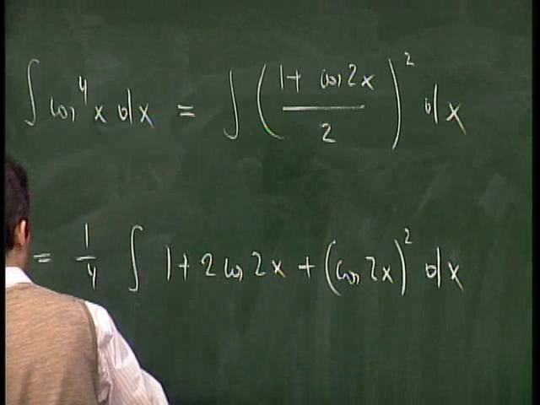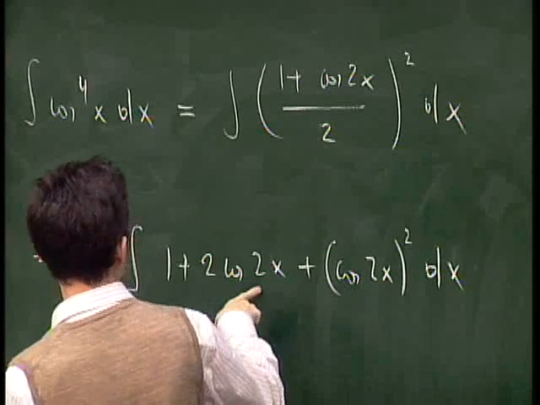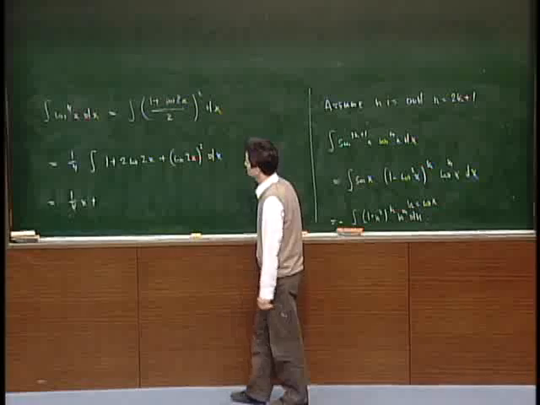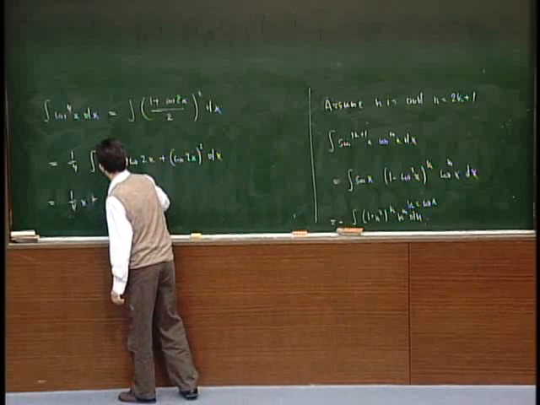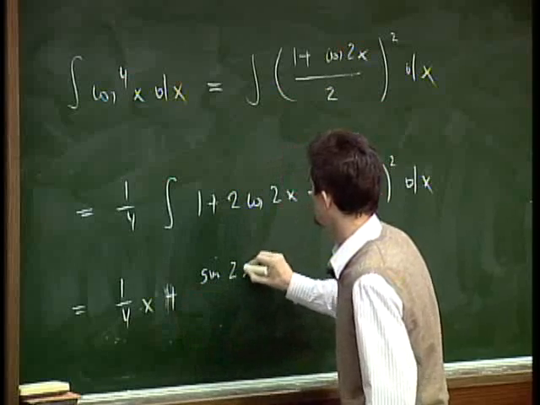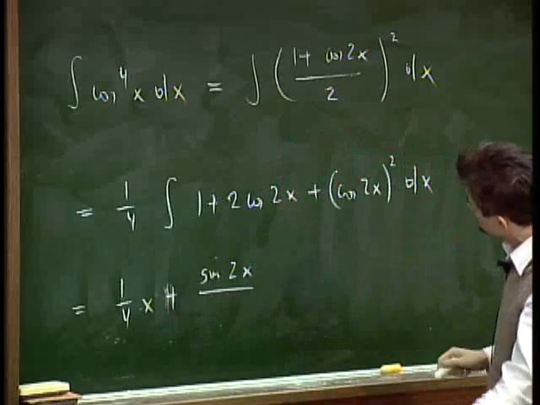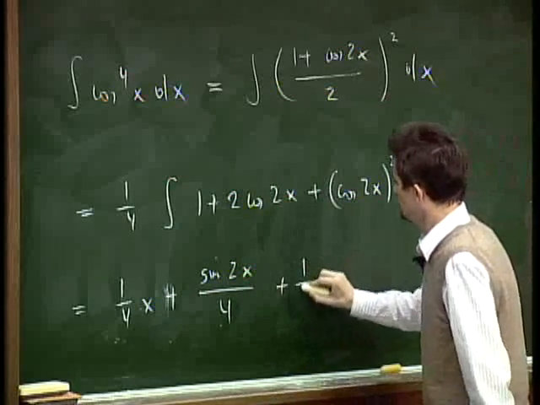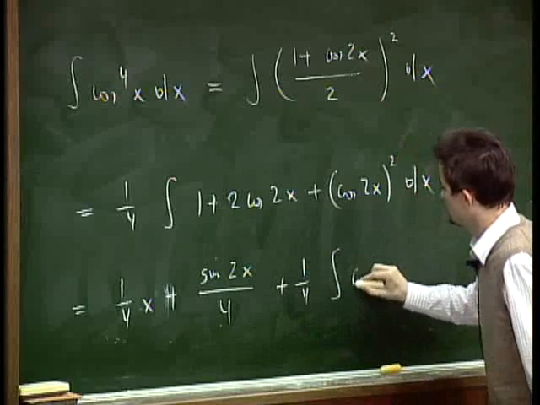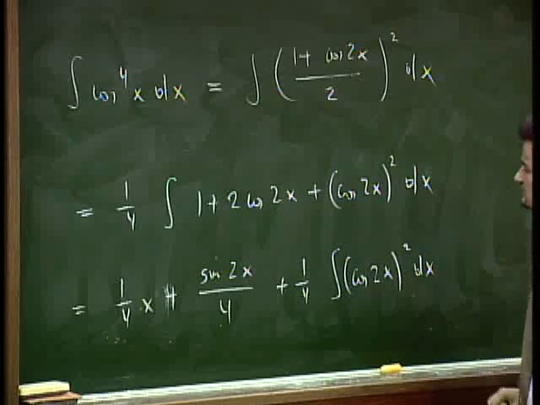So this is 1 over 4 x plus, and actually here you have to use the substitution rule, so plus sine of 2x over 4, plus 1 over 4 times the integral of cosine squared of 2x dx.